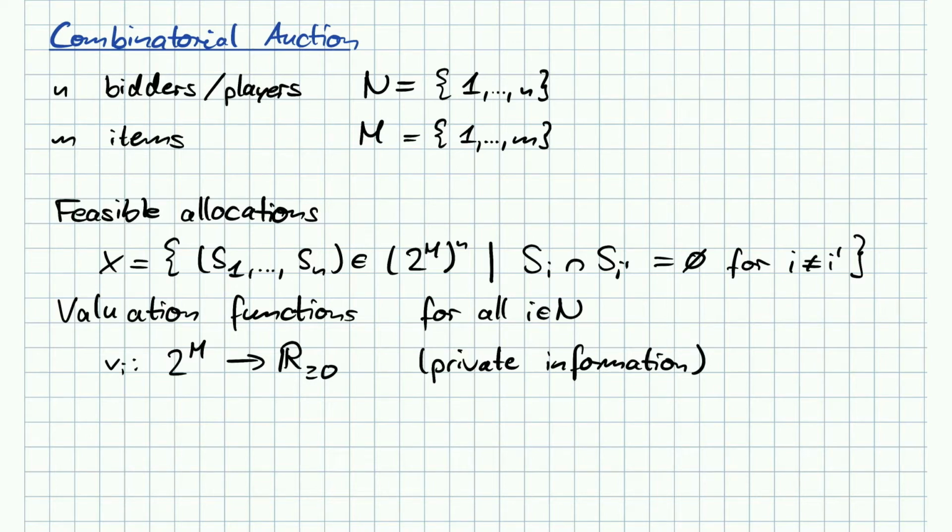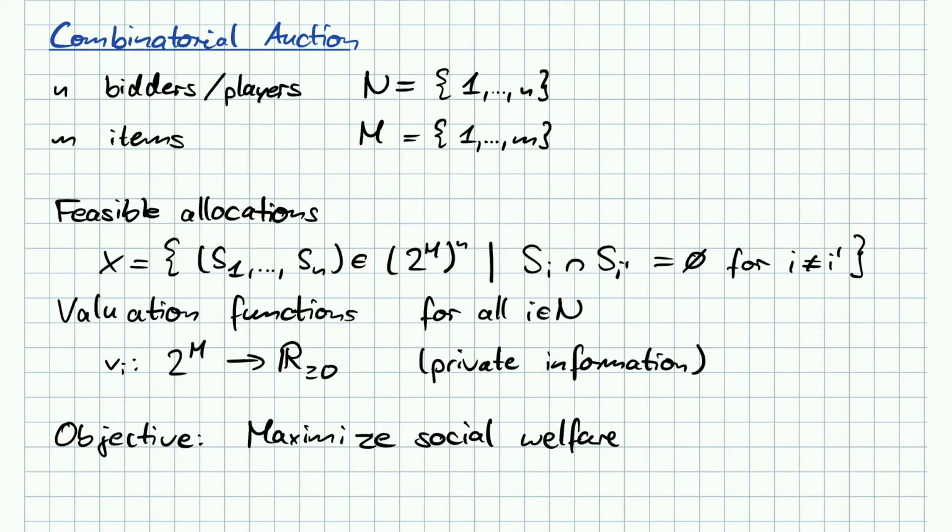And what will our objective be? Our objective for today will be to maximize social welfare. So we might add up the values that the players have for their respective sets of items that they're getting.